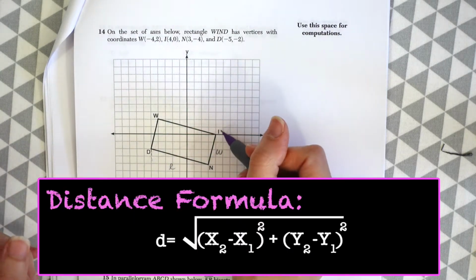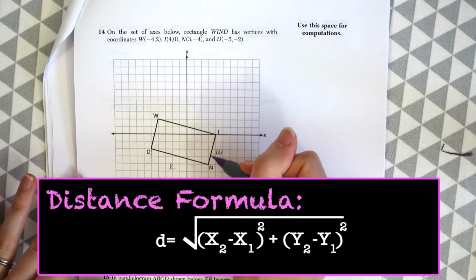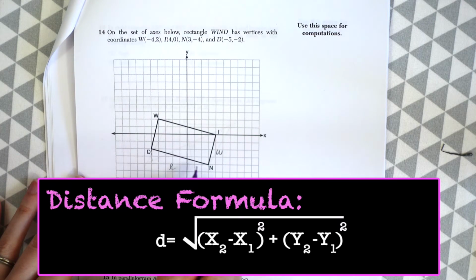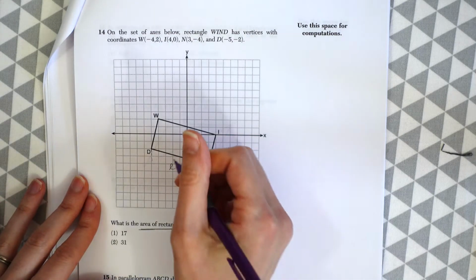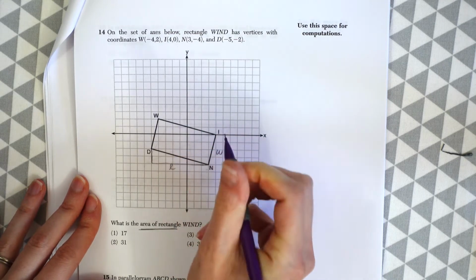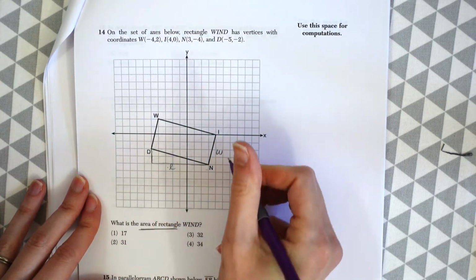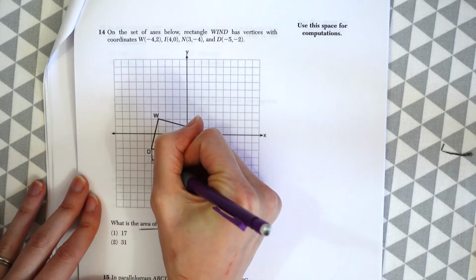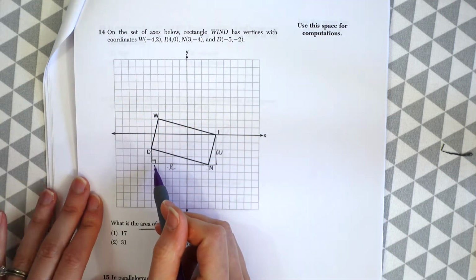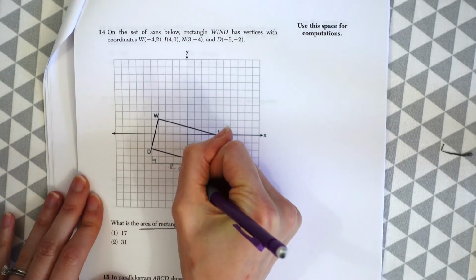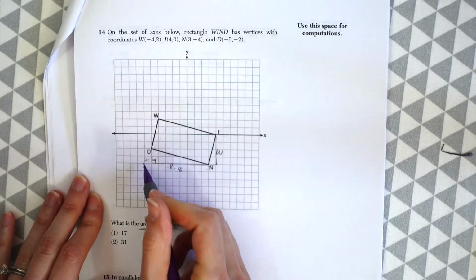You can either use the distance formula to find the distance between each pair of points, the width and the length, and multiply them together. Or you can notice that this forms a triangle, and then use the Pythagorean theorem to find the missing value. There are triangles on both sides. Looking at this triangle first, it's 1, 2, 3, 4, 5, 6, 7, 8 units long and 2 units this way.